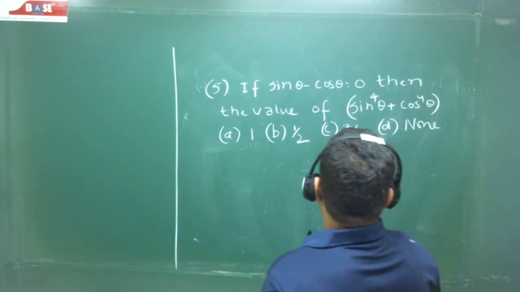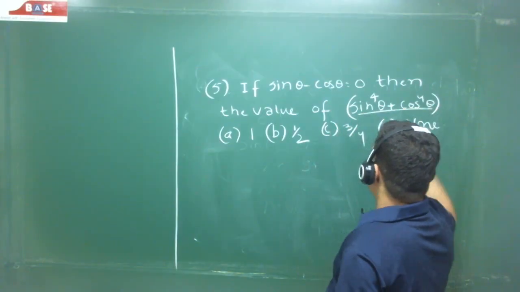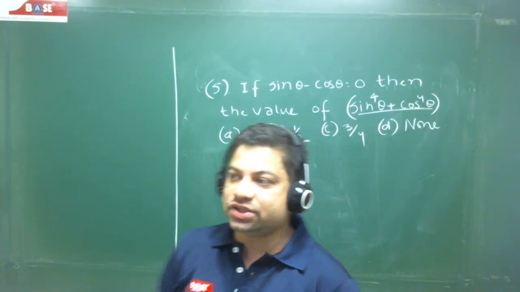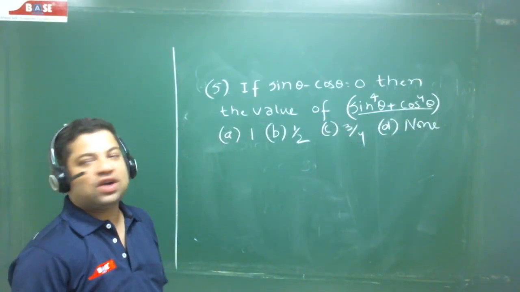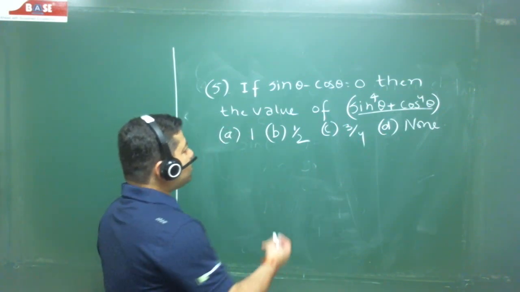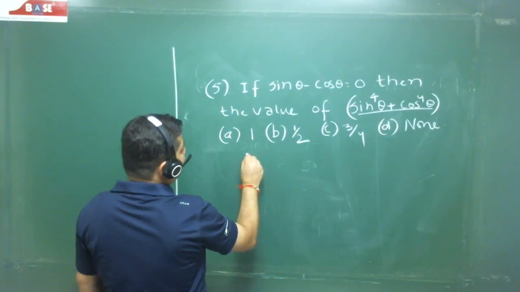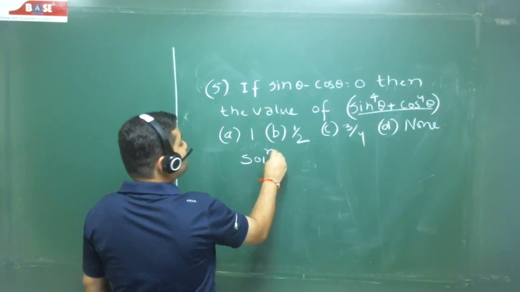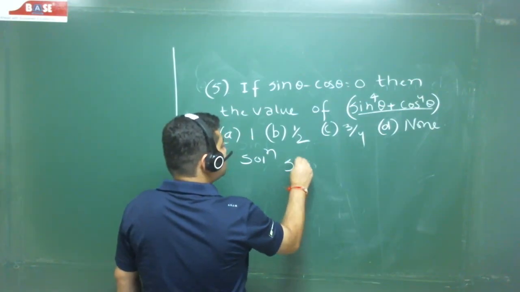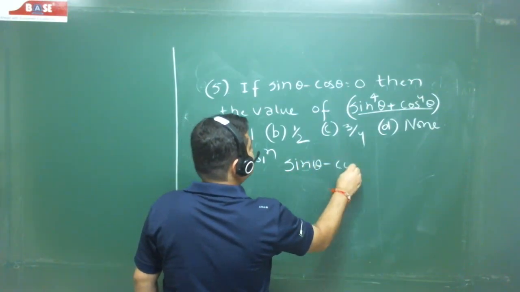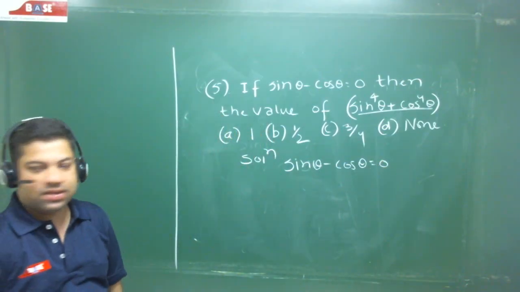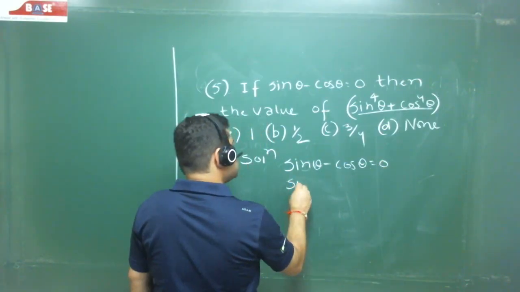So anyway, if I am able to find the value of theta, then we can crack this question, right? For solving this question, we basically have two methods. One method I am explaining to you. Now the solution: sine theta minus cos theta is equal to 0. Take cos theta to the RHS.